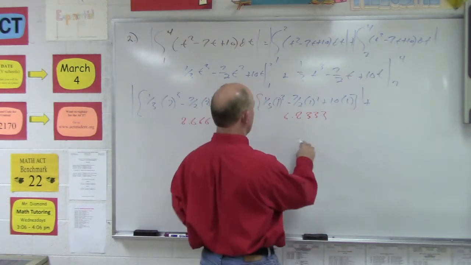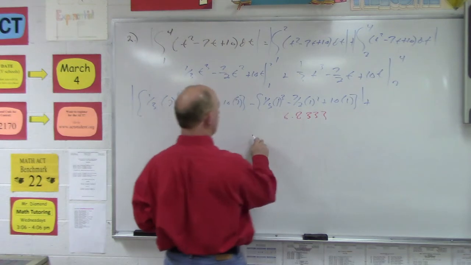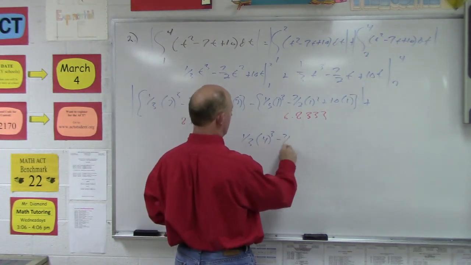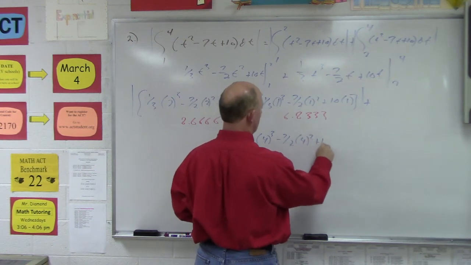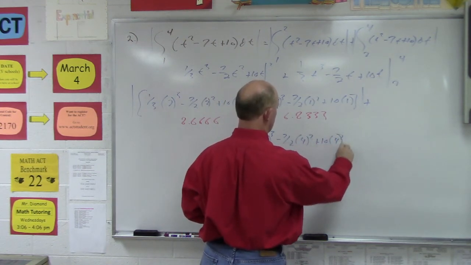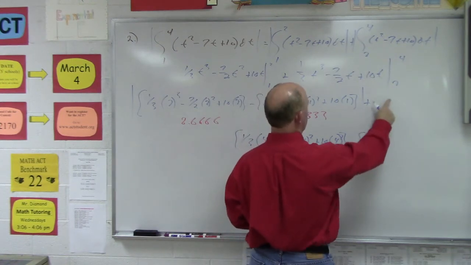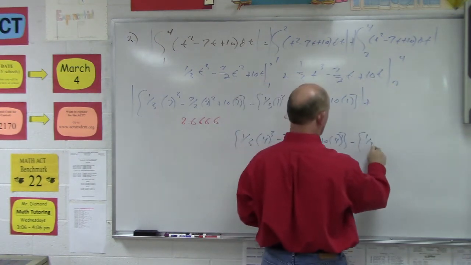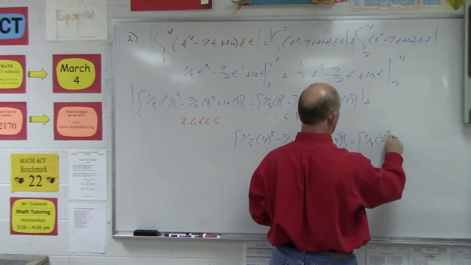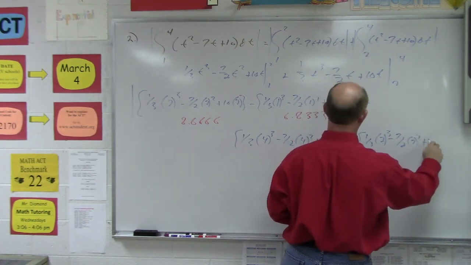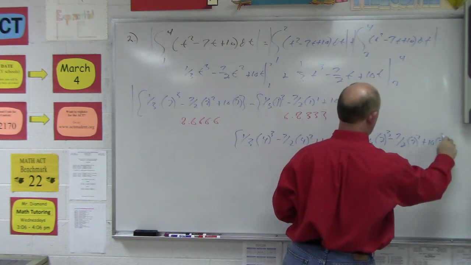Now the integral from 2 to 4, once again, this is 1/3 times 4 cubed minus 7/2 times 4 squared, plus 10 times 4, minus the integral, substituting 2 in for t. Gives us 1/3 times 2 cubed minus 7/2 times 2 squared, plus 10 times 2.